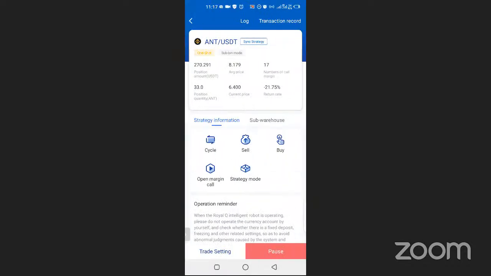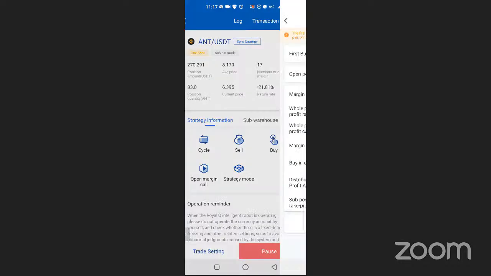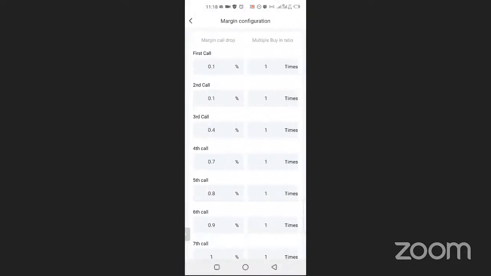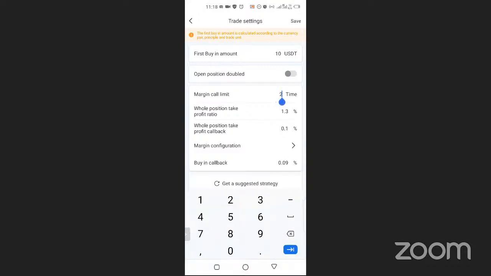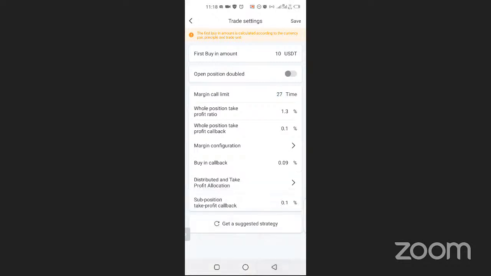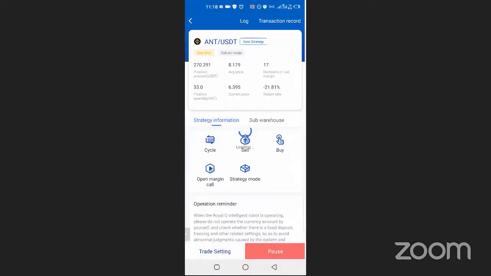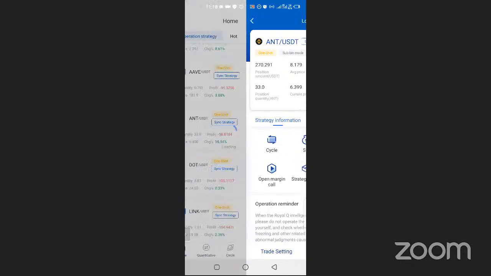Now you see, Ant has already done 7 settings. I can joke with these margin call configurations, but let me show you. There is no reason because it depends why you need to change the settings. I may not be able to change; I don't know before or after.